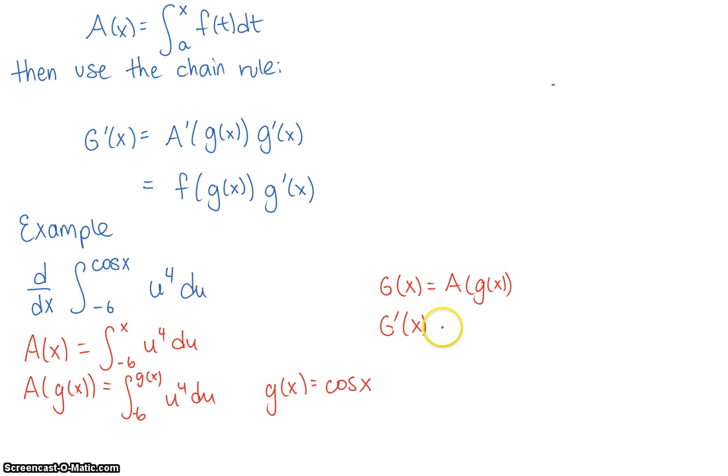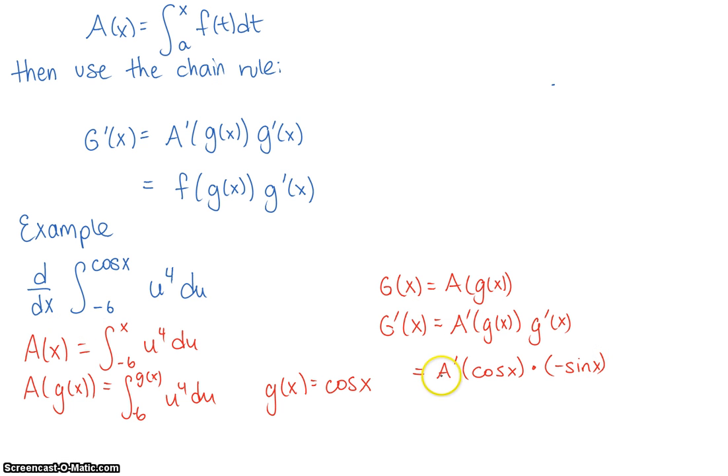The derivative then, which is what we're trying to find for this question, is going to be using the chain rule. So our big G prime of x, this whole entire function, what we're trying to figure out, is going to be the A prime of cos of x multiplied by the derivative of cos of x, which is negative sine x.